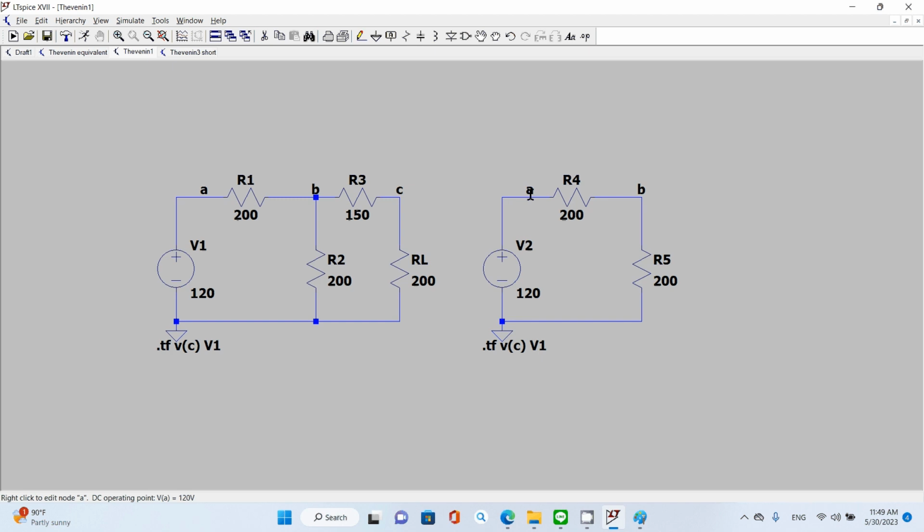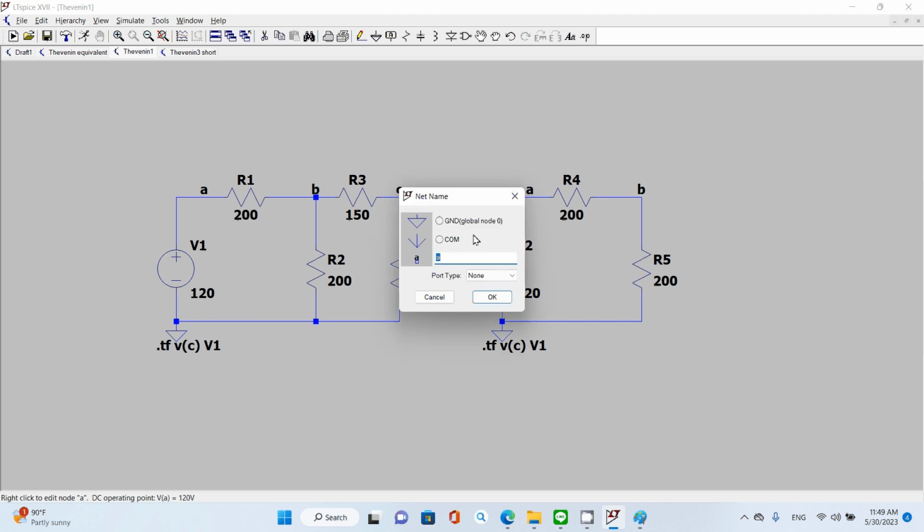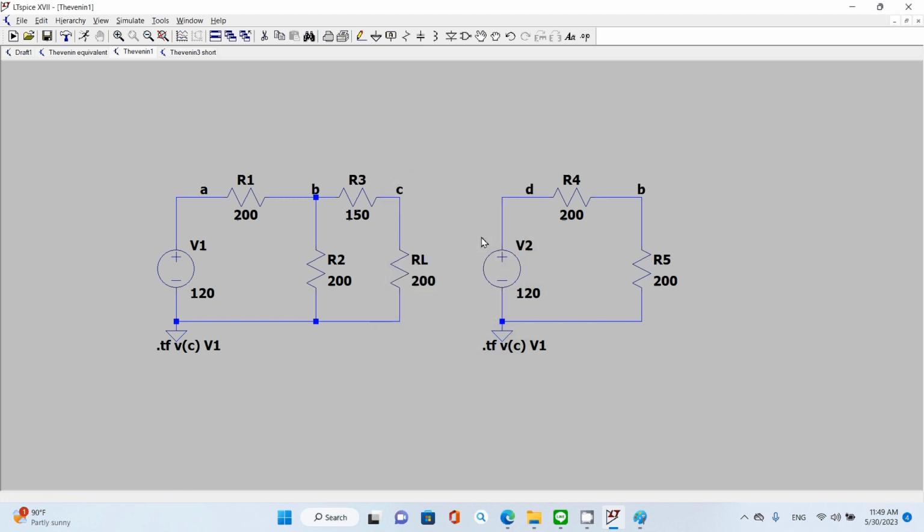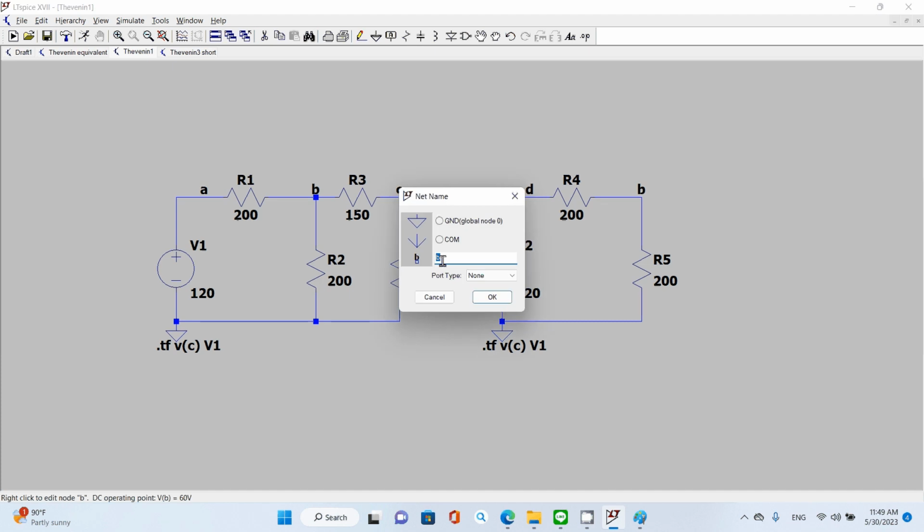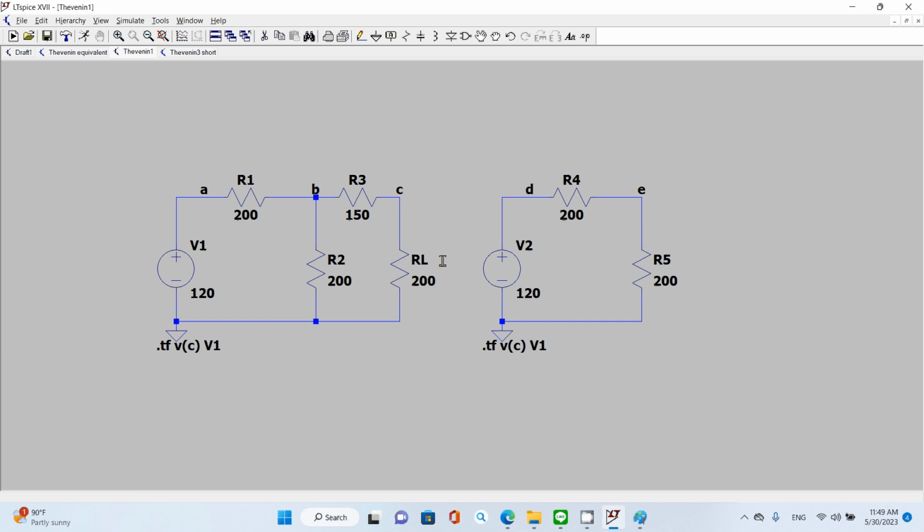So I change this one to D, since we already have C, and this becomes E. The reason I'm doing these two circuits is because I want to compare the original circuit and the Thevenin equivalent circuit. The current flowing through RL from both circuits has to be the same, otherwise you did something wrong.